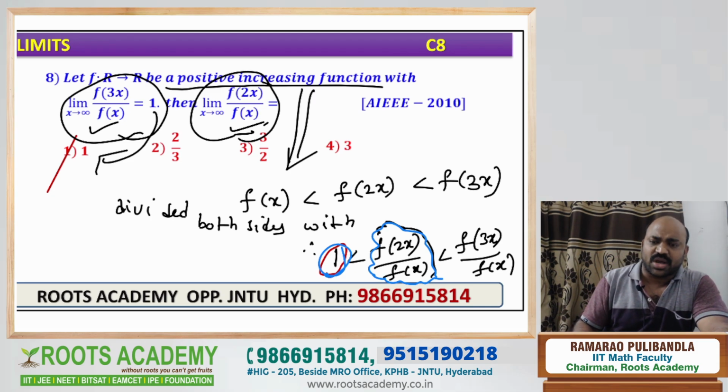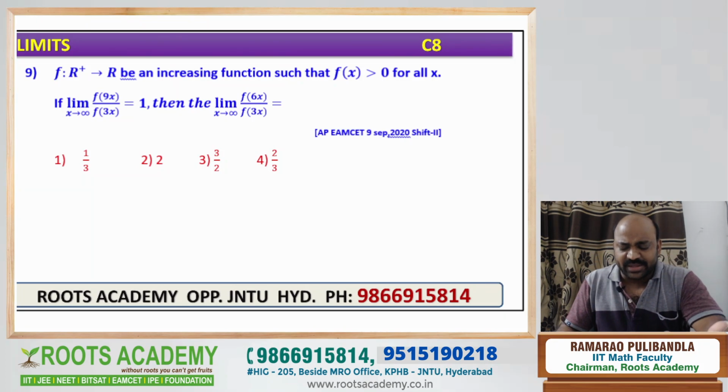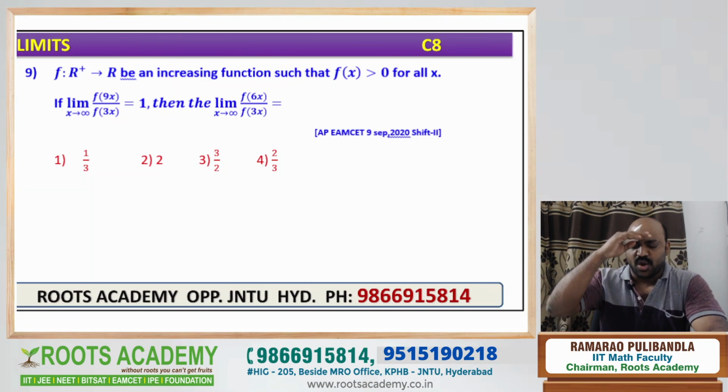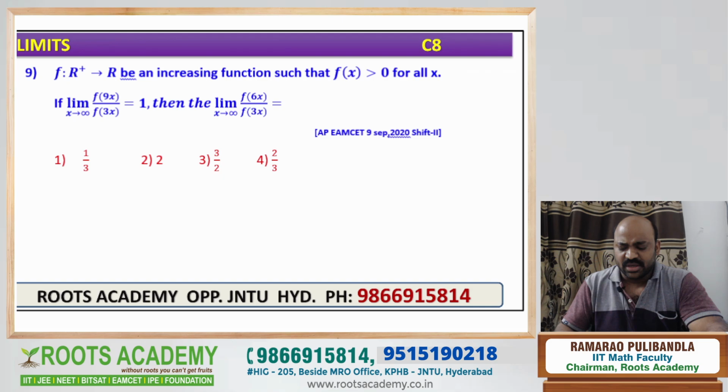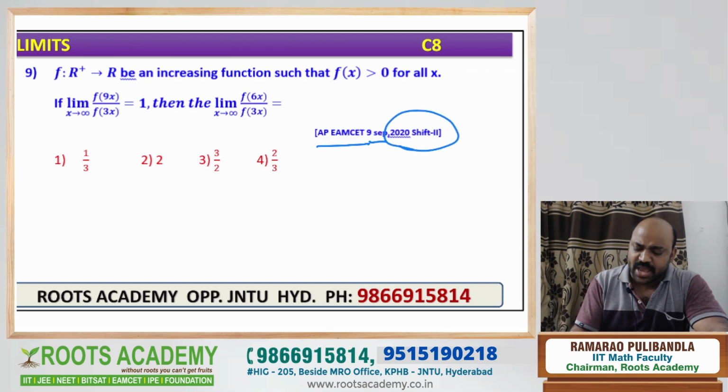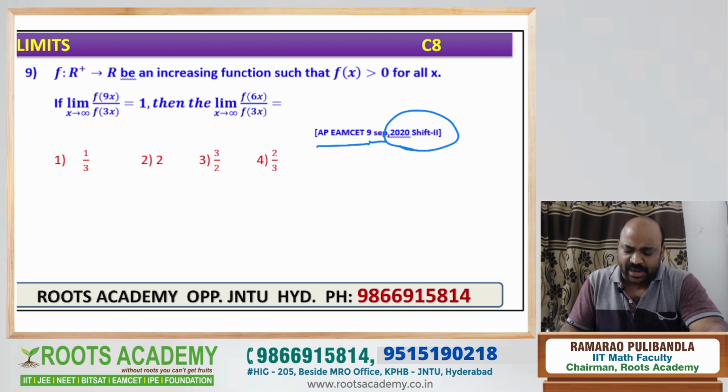Go to the next one. I think just by looking at that you can keep the answer. EAMCET AP, 9th September 2020, shift 2 question. I think you people can directly give me the answer. Is there anyone who can give this answer?